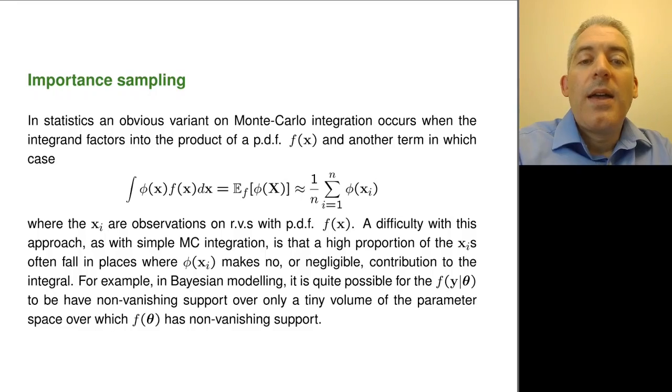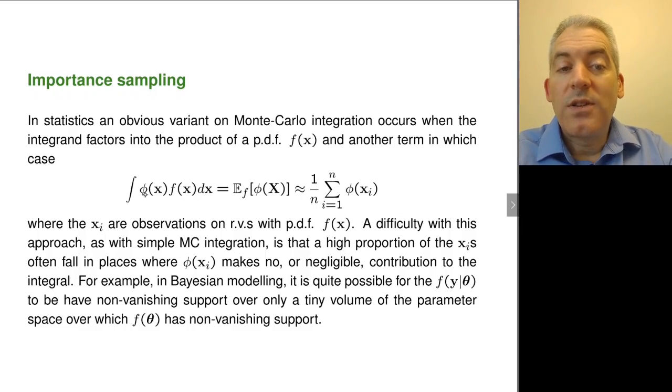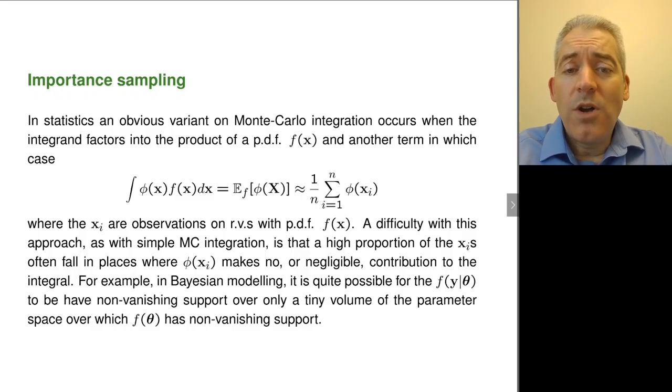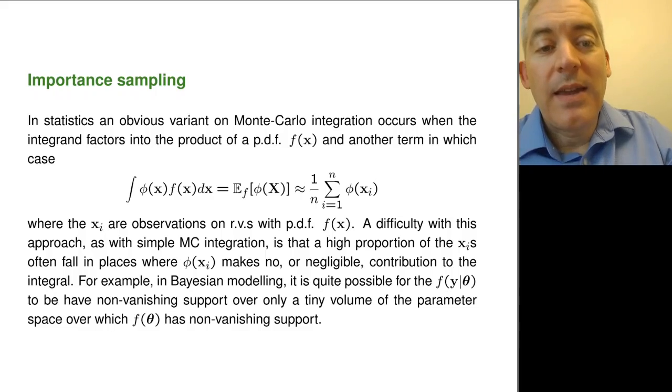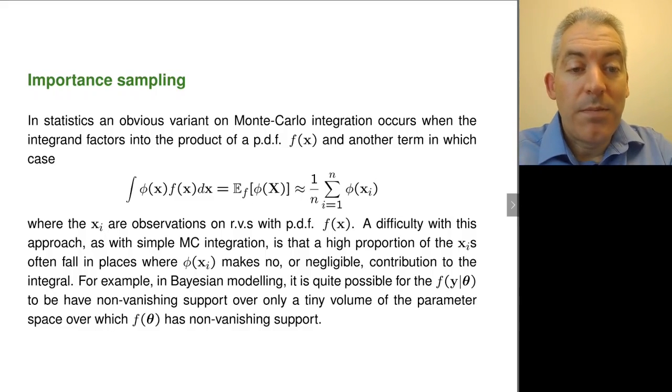So it can work well as long as f and phi are reasonably consistent with one another, but if not, then it won't. Okay, and so that can be a problem for this very simple approach.